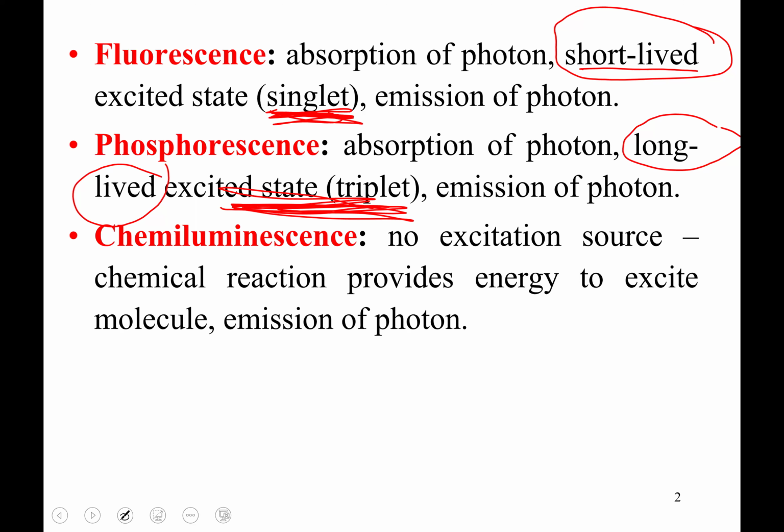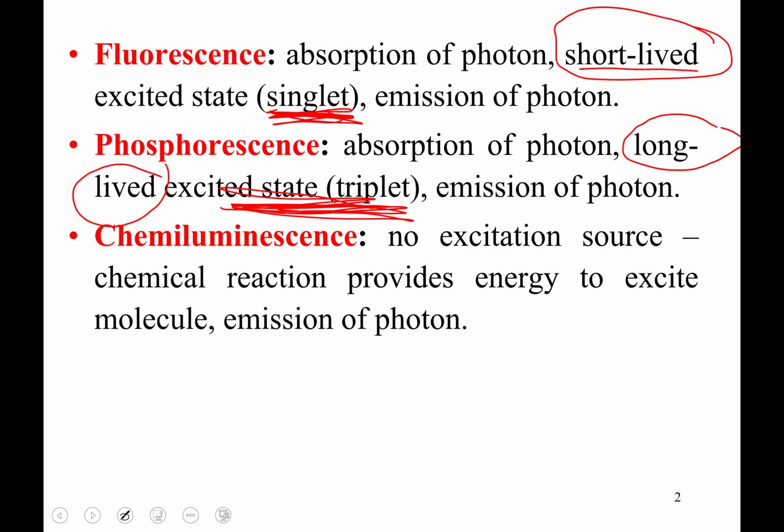Whereas fluorescence and phosphorescence entail an excitation source, such that you must have absorption before you have fluorescence or phosphorescence, when you have chemiluminescence, there is no excitation source. That's the difference. There is an internal chemical reaction that provides energy to excite the molecule.